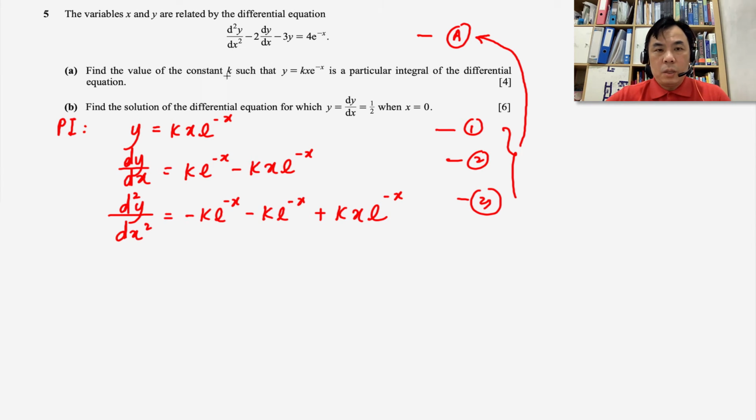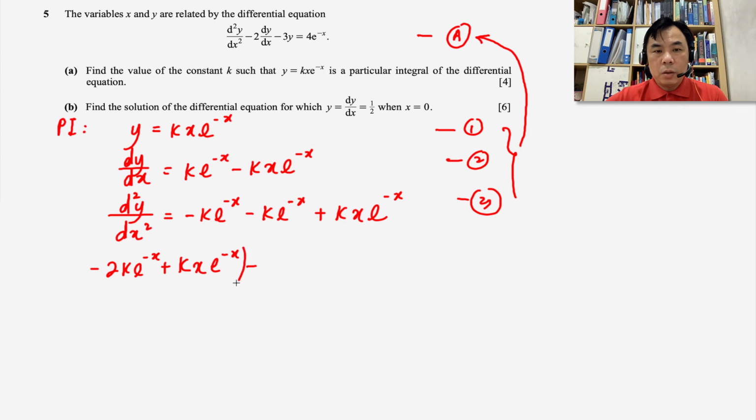Right? So let's do that. In this case, I notice that I can simplify this further. So maybe I'll just rewrite that as negative 2k exponential negative x. Let me clean this up. This is exponential negative x. All right, that's what we have.